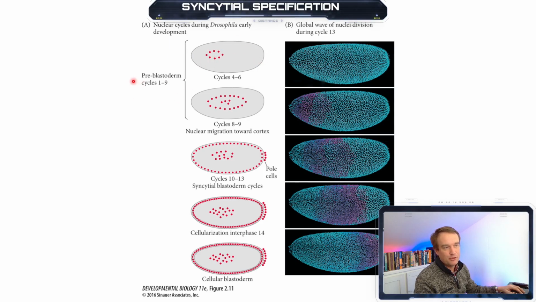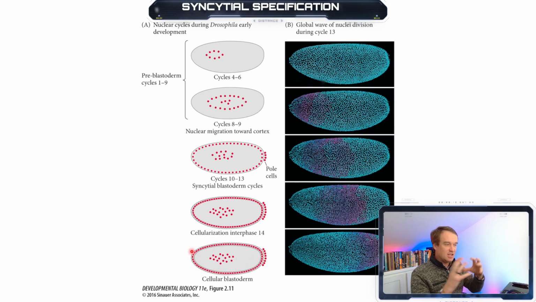These are the pre-blastoderm cycles, 1 through 9, where the number of nuclei keeps increasing. Then a lot of them line up along the edge of the cell, and cell walls form around them.